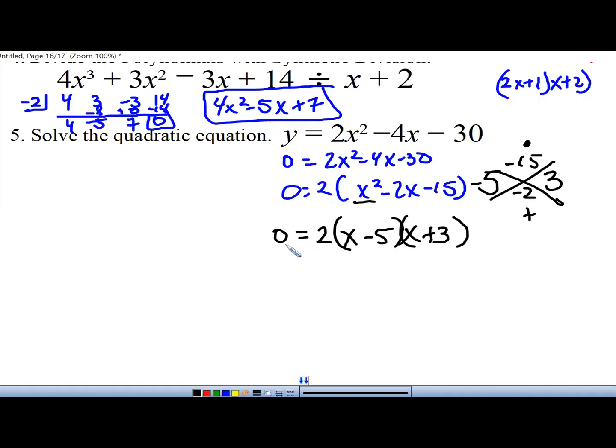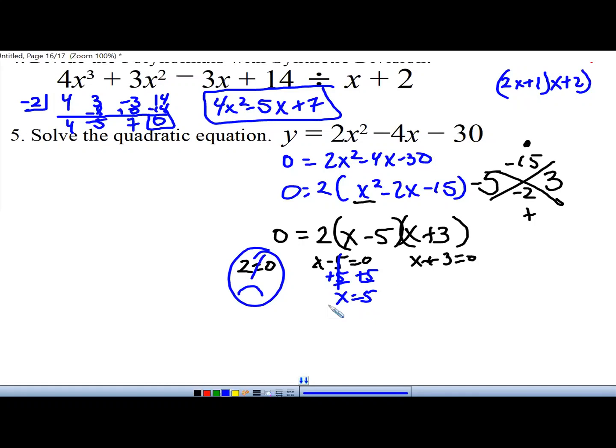Next, to solve, what do we do? Set each factor equal to 0. Yes, so 2 equal to 0, x minus 5 equal to 0, and x plus 3 equal to 0. So if we solve, let's see, is 2 equal to 0? No, we eliminate that. Plus 5, x equals 5.